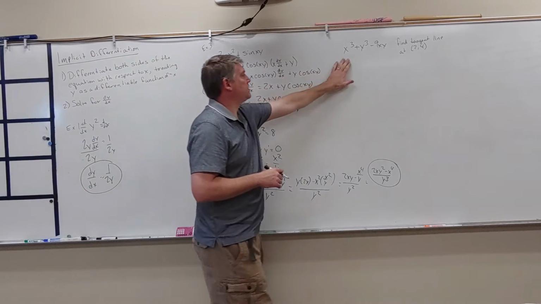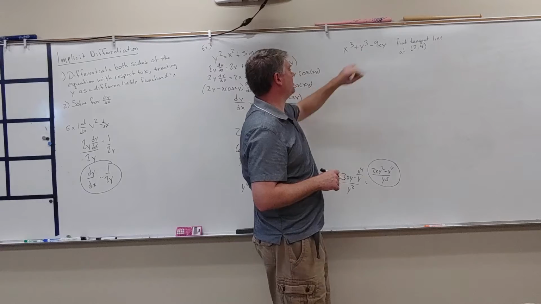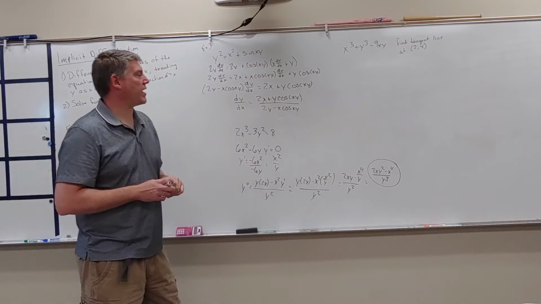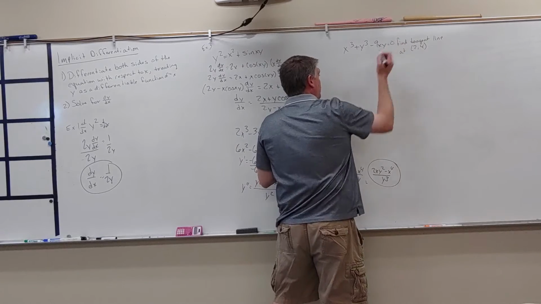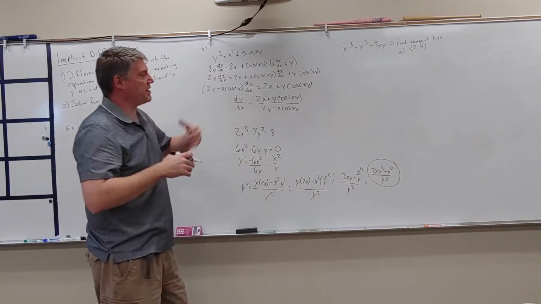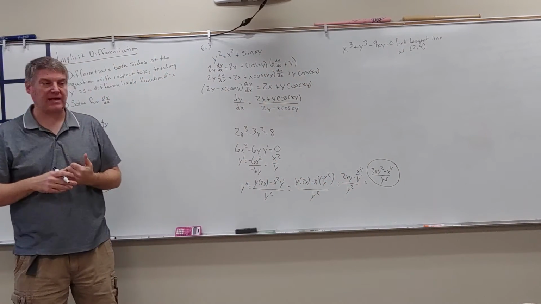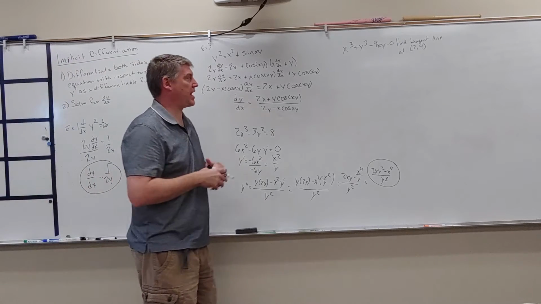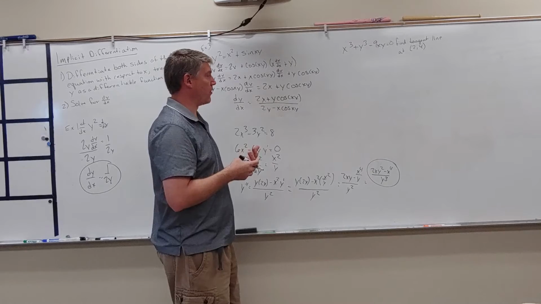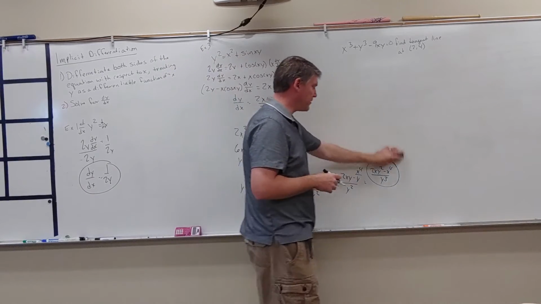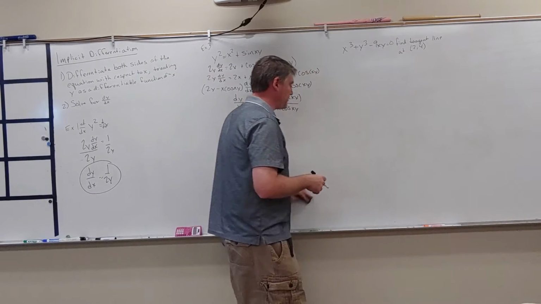The next one is our function x cubed plus y cubed minus 9xy equals 0. It asks me to find the tangent line at the point (2, 4). The first thing I need to do is find my derivative.